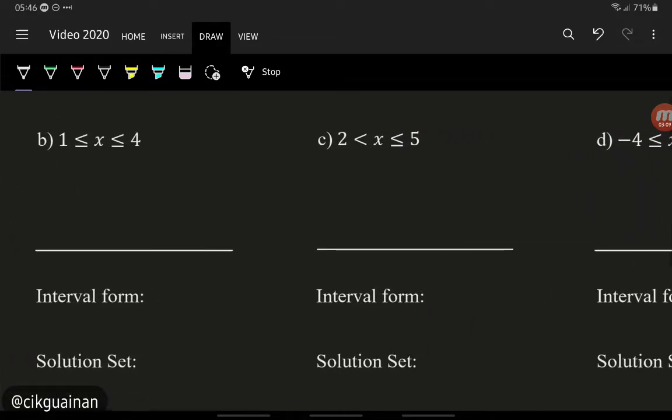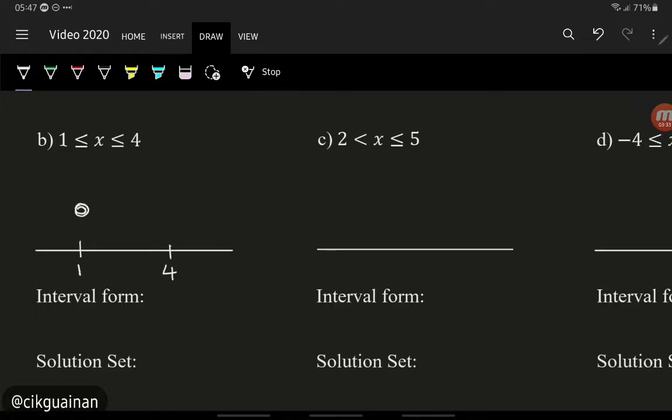Now for this one we have 1 and 4. So on the number line we put 1 and 4. And then we want to represent this one, x greater than or equal to 1. Since there's an equal sign over here, 1 is included, so we must use a dense circle.